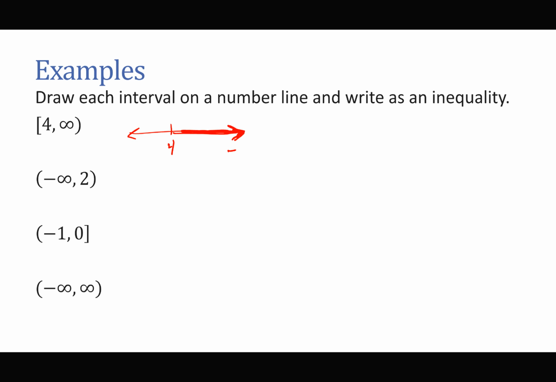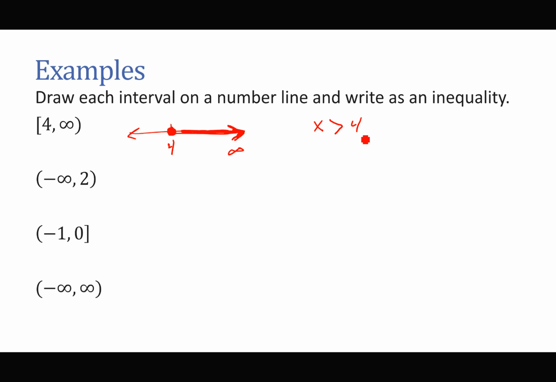Okay, you don't have to write infinity, but just for visual reference, the arrow going out to the right means it's going all the way to infinity. 4 is inclusive, okay? It's hugging that 4, so I'm including 4, so I'm going to fill that in with a solid circle. And then as an inequality, so we can write this as x is greater than 4.